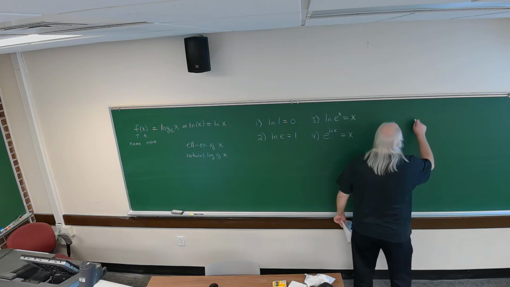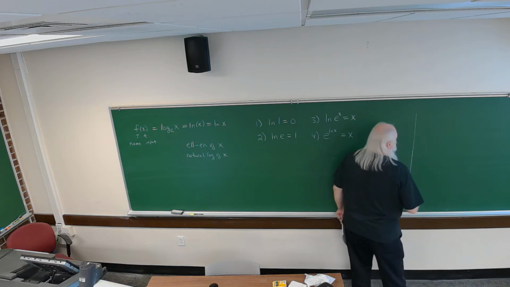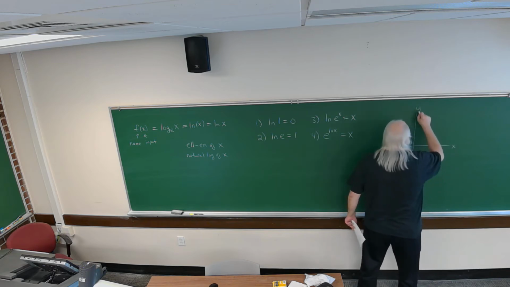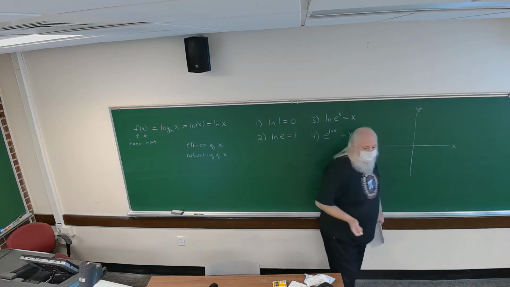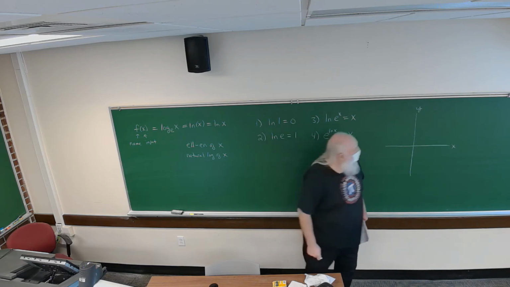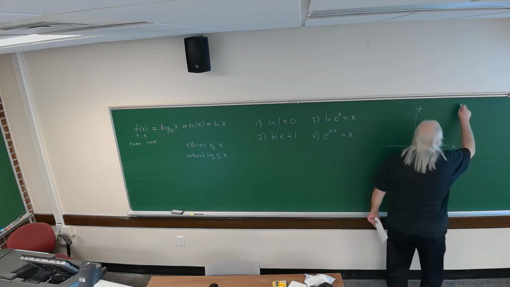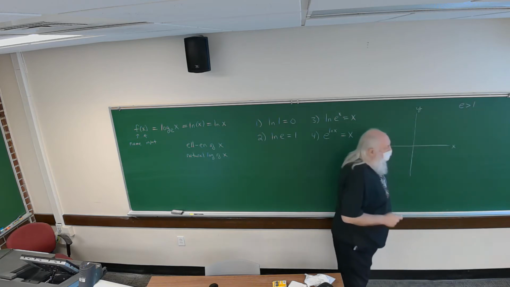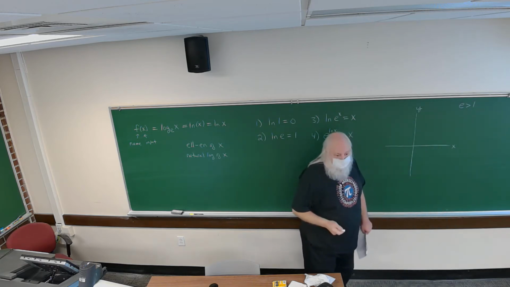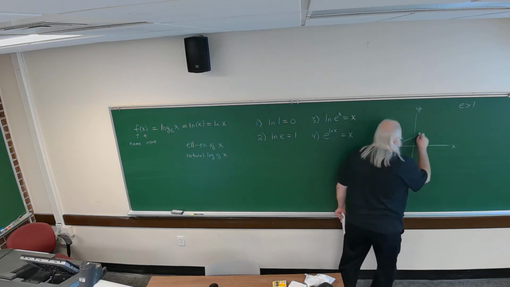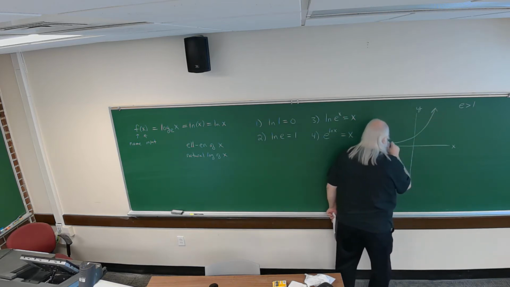So, in graphing f of x equals e to the x, we did a lot of graphing of exponential functions back in section 5.1. e is greater than 1, and we know for any exponential function with a base greater than 1, the graph goes up from left to right.